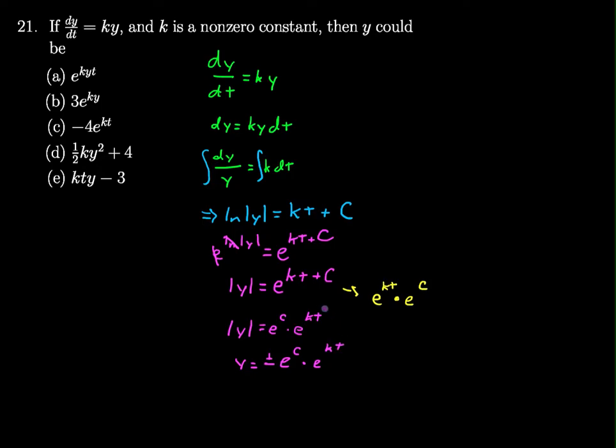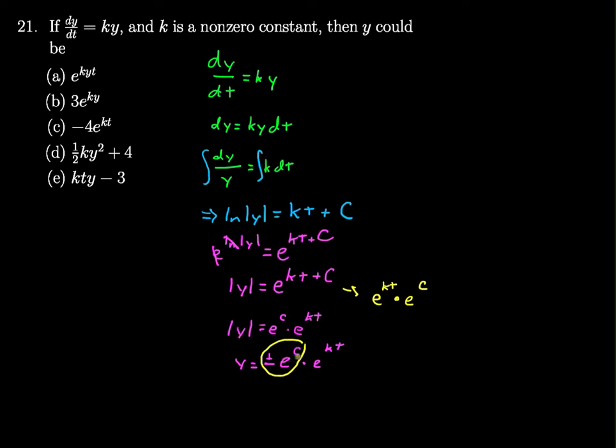But we can't actually have the plus and the minus. If y is going to be a function, it has to be one or the other. And the way we take care of that is by lumping this all together. The first thing to notice is e to some arbitrary constant. It's a constant, it's a number.